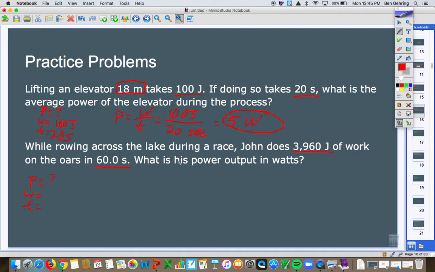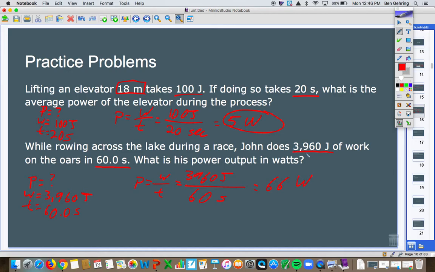He does 3,960 joules of work in 60 seconds. So then we're going to have power equals work divided by time, which is equal to 3,960 joules divided by 60 seconds, which should give you 66 watts.